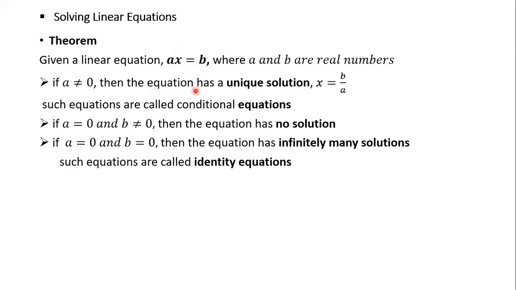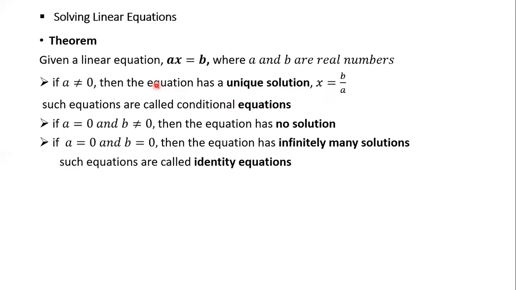Unique in the sense that it has only one solution since we are dealing with linear equations. So wherever you go and you are solving such an equation, the answer is the same, irrespective of where you are. That's what we call a unique solution.